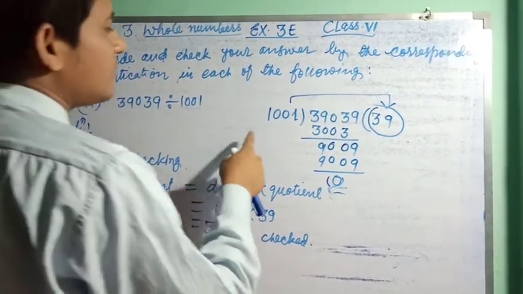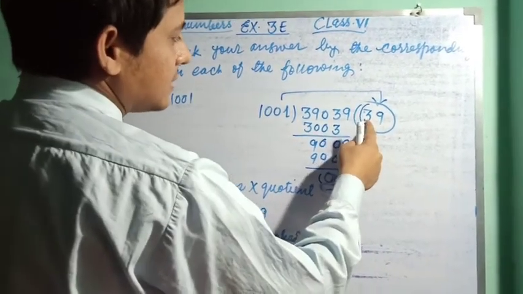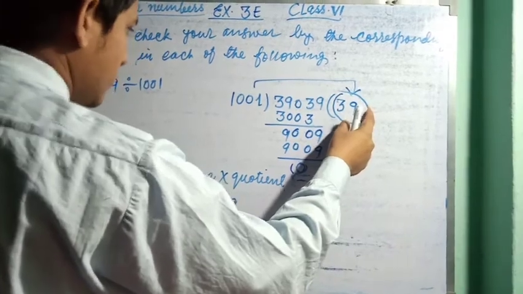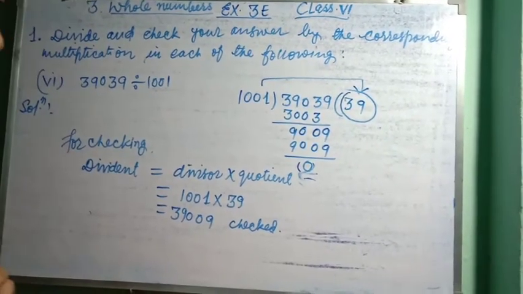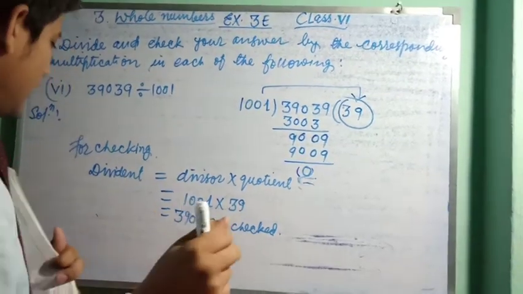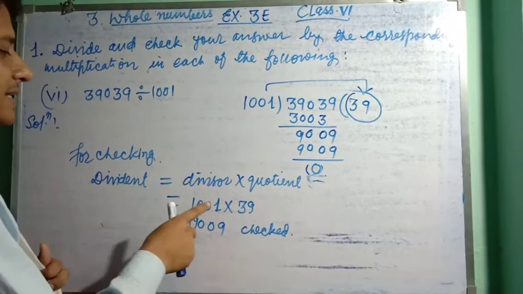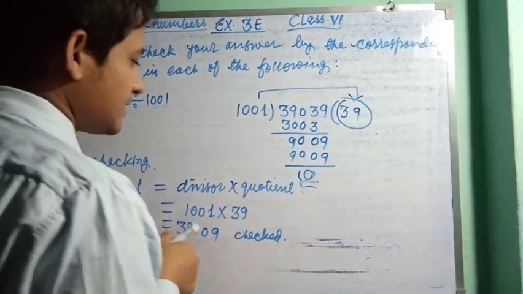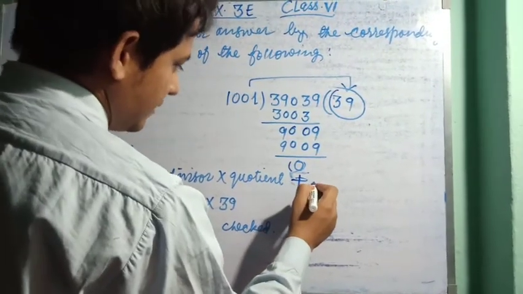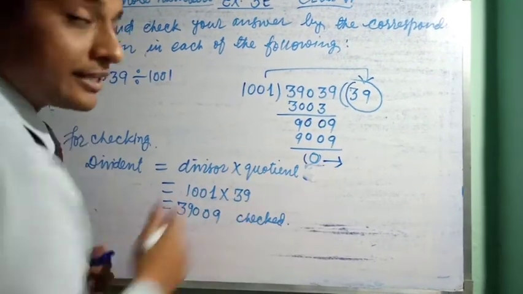First of all, divide this large number by 1001 and we get 39 as the quotient. Now we have to check. How can we check? You already know that dividend is equal to divisor multiplied by quotient plus remainder, but there is no need to write the remainder because in this question the remainder is 0.